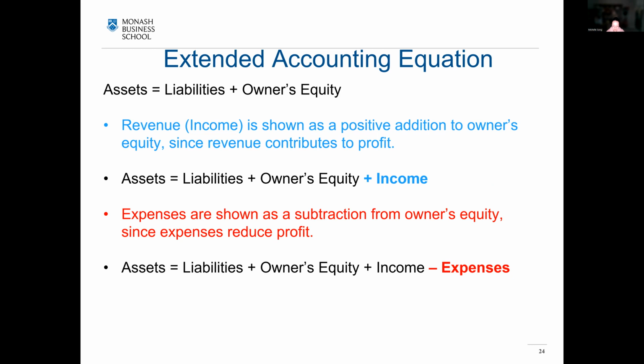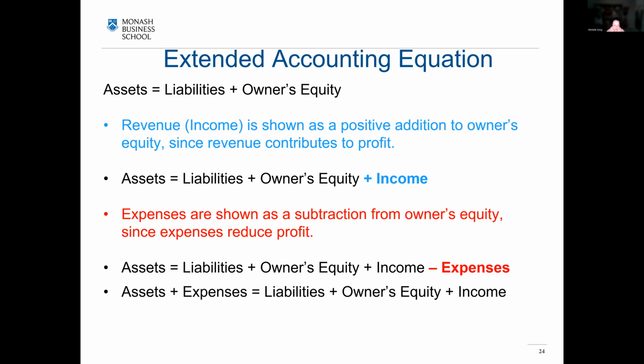And what you can see on the screen there is the complete version of the accounting equation. Now, of course, if you want to rearrange this equation to make all elements have a positive sign, you will get another version of the accounting equation, which is assets plus expenses on the left-hand side.